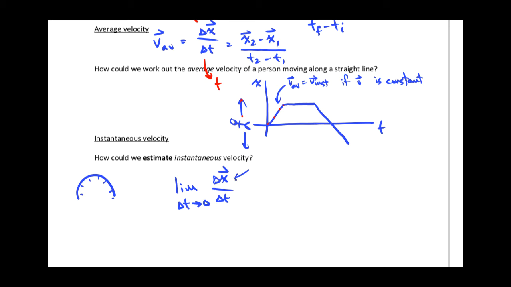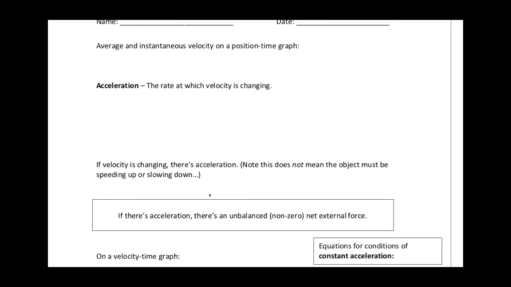Remember that the IB is going to call this S, and it's going to call this T. Okay, so that was what we talked about with average and instantaneous velocity. On a position time graph, then, if we have position on the y-axis and time on the x-axis, let's say we have a graph that looks like this. We talked about how this is the graph of something that is accelerating because the slopes are changing.